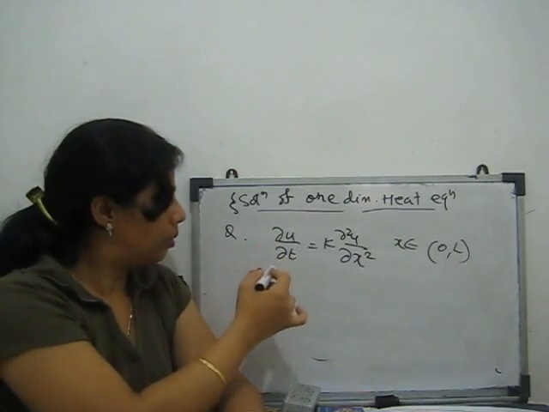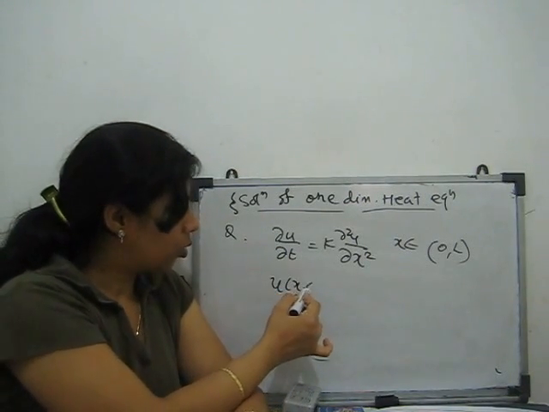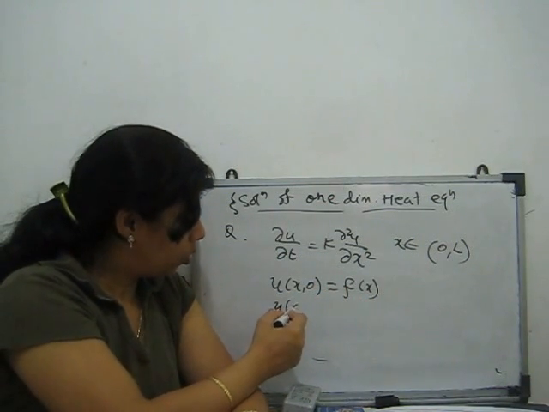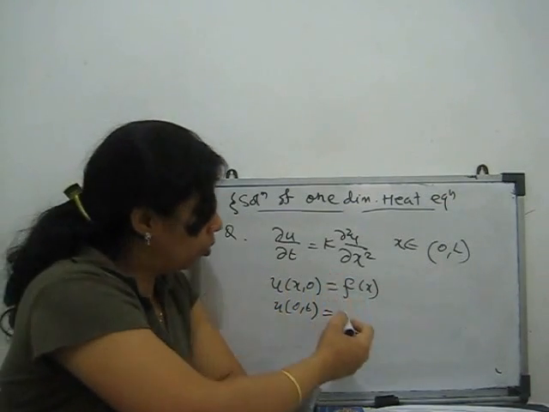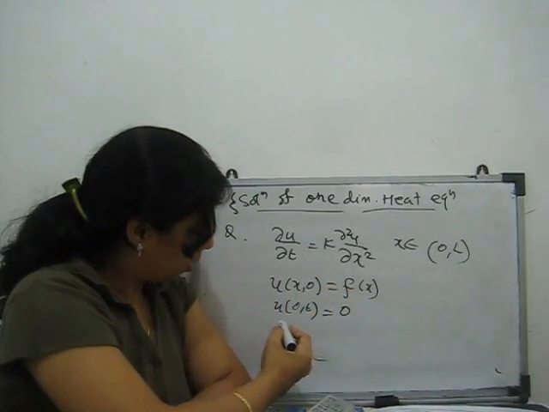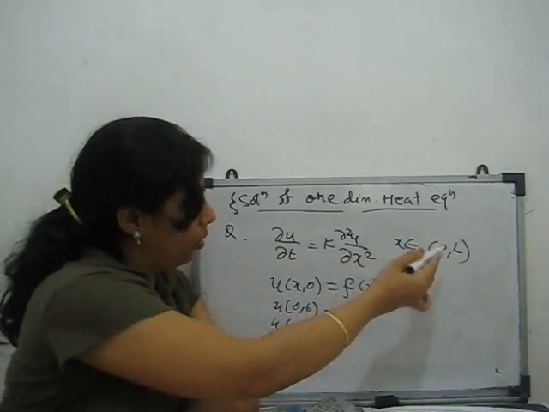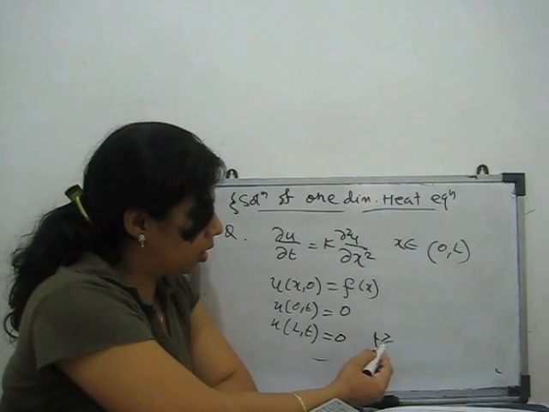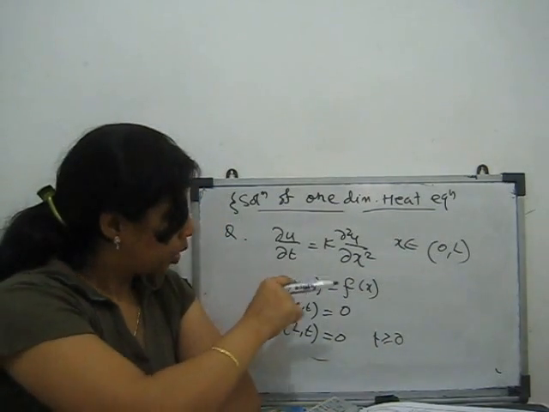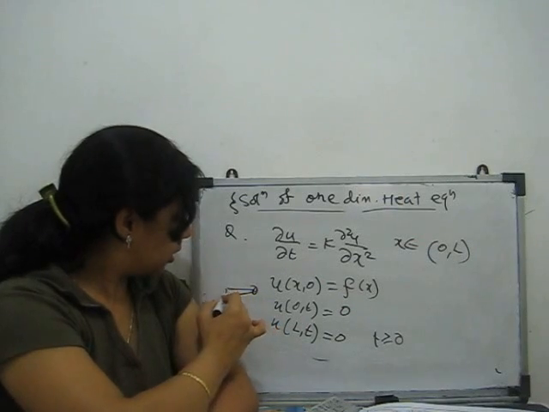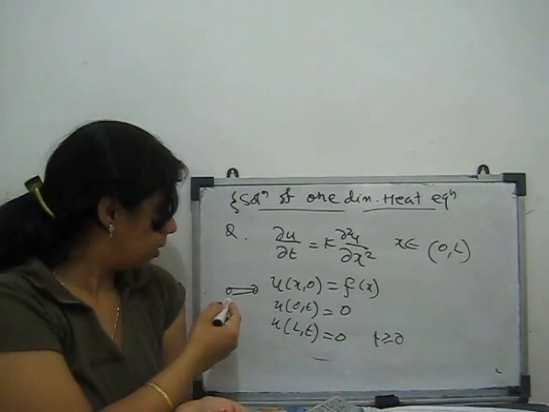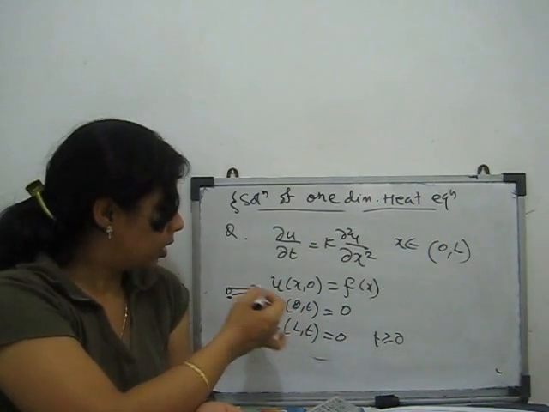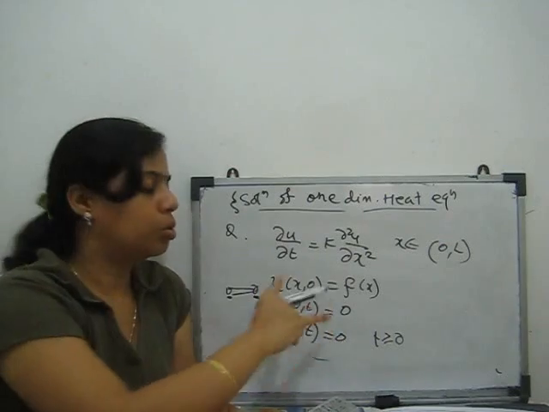And the initial boundary conditions given: u(x,0) is equal to f(x), and u(0,t) is equal to 0, and u(L,t) is equal to 0 when t is greater than or equal to 0. Clear? So at both ends of the rod, the value is 0. Initial beginning point 0, ending point is L, value of heat equation is equal to 0.